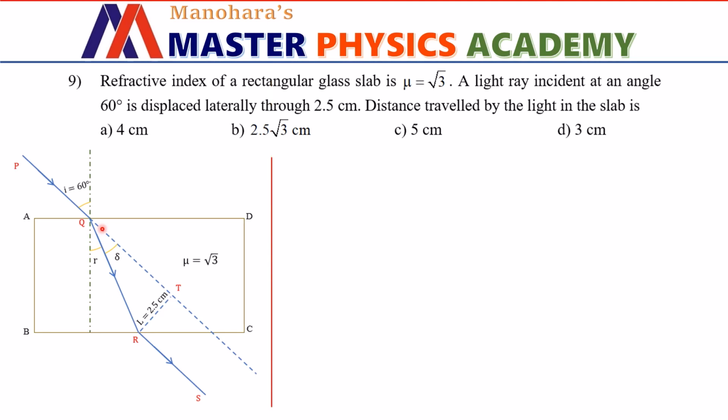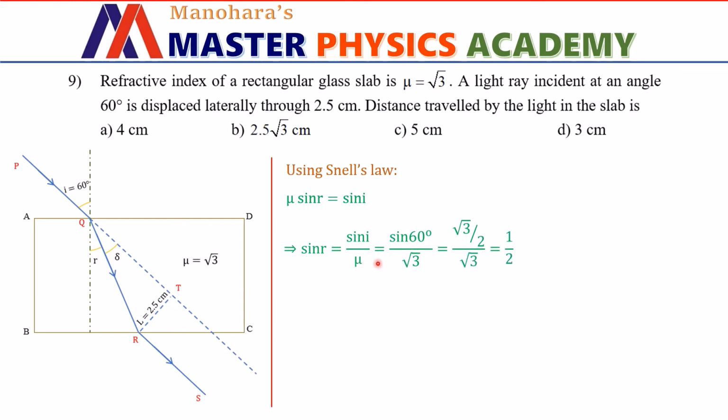For this, we use Snell's law first, which is mu sin R is equal to 1 into sin I. Now, that is sin R is equal to sin I by mu. Substituting 60 degree for I and root 3 for mu, we obtain sin R value to be equal to 1 by 2.